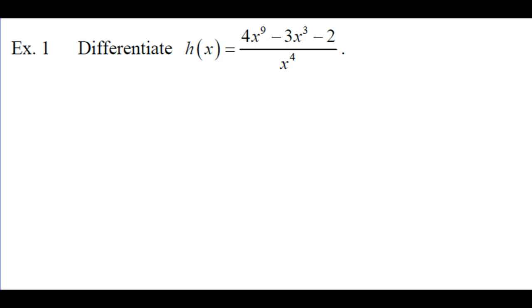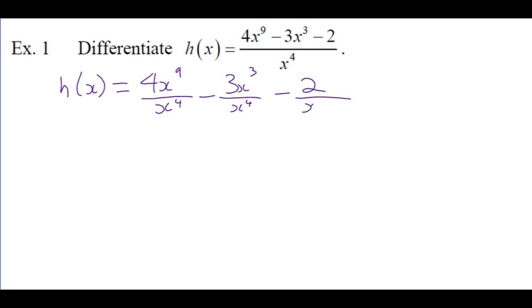Differentiate h of x equals 4x to the 9th minus 3x cubed minus 2. Okay, so we should do a little manipulation first, right? Like we should go through and divide everything by x to the 4th. So h of x is 4x to the 9th over x to the 4th minus 3x cubed over x to the 4th minus 2 over x to the 4th.